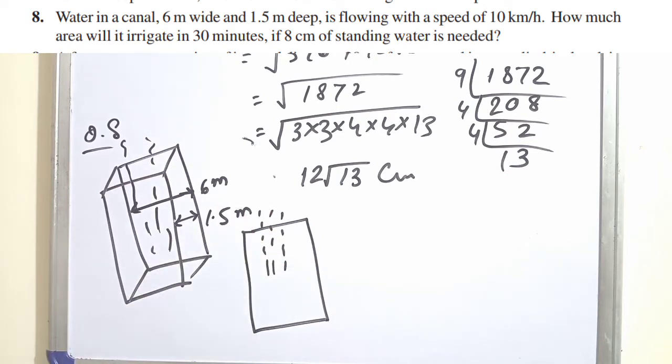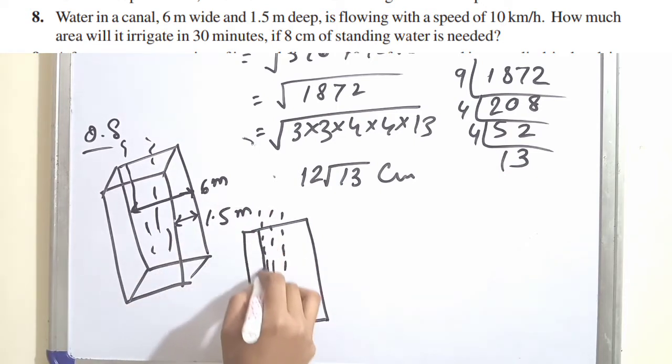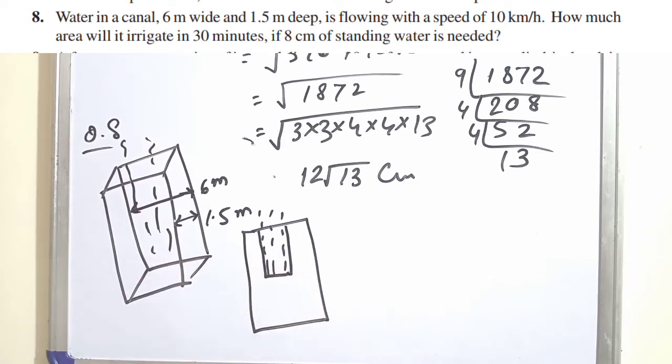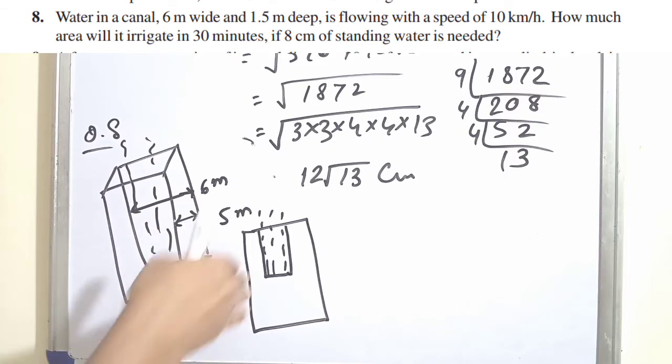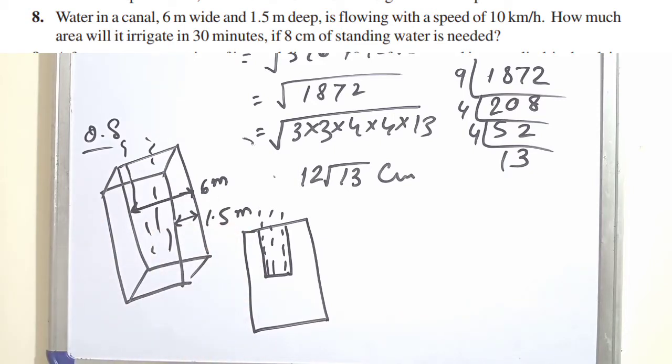Suppose this area will be covered, so you have to find the area of this portion. And given that 8 centimeter of standing water is needed, this is not a rectangular shape, this is a cuboid shape. So there will also be some height of water, so given that this height is equal to 8 centimeter.